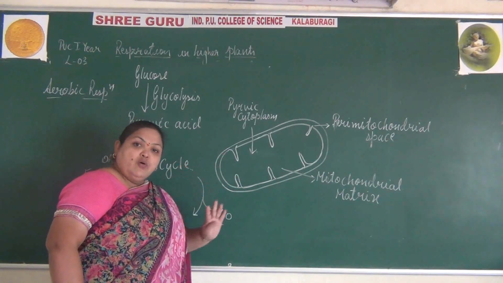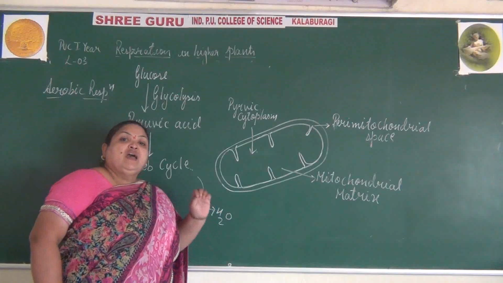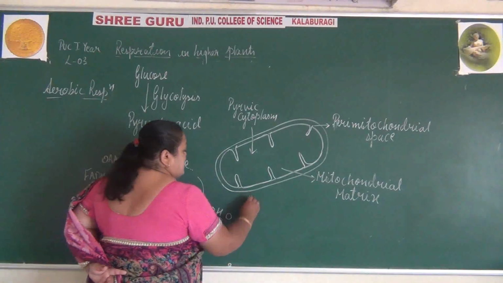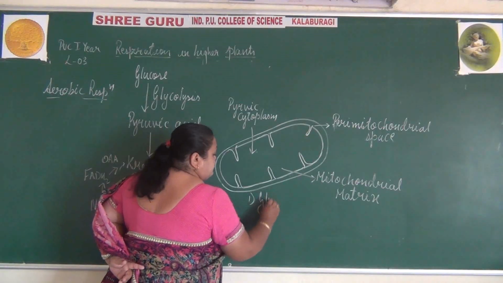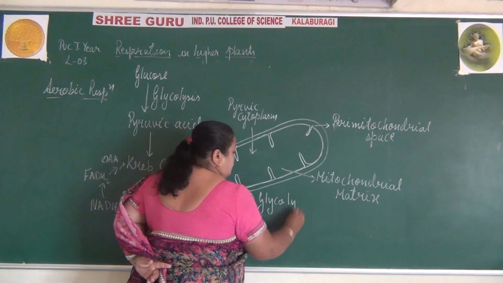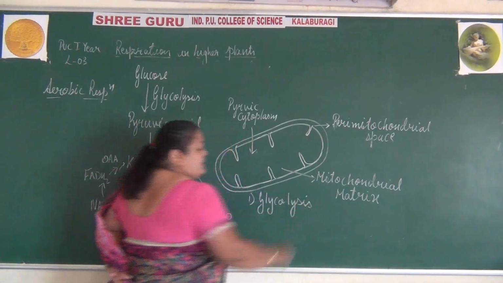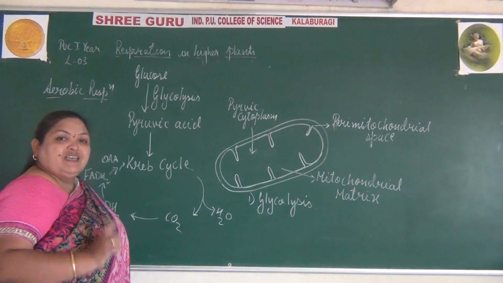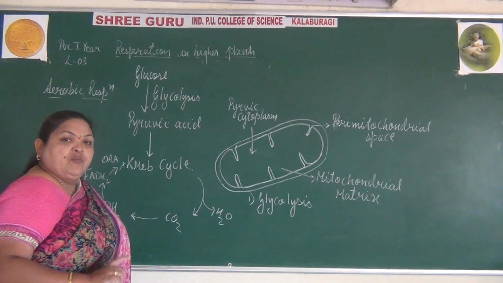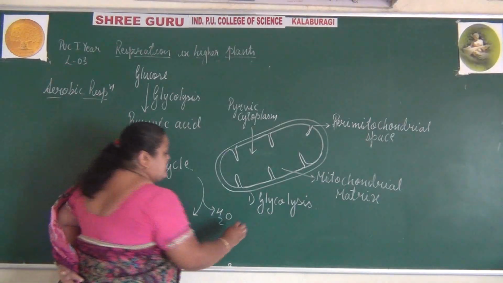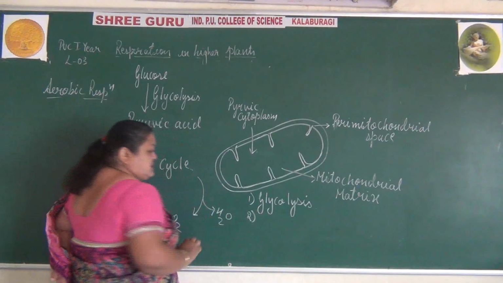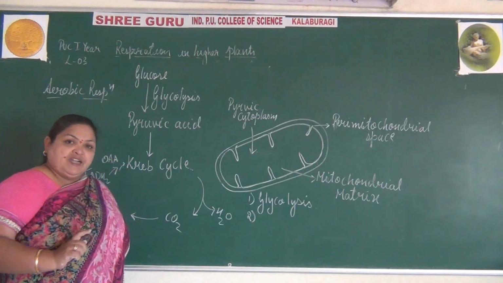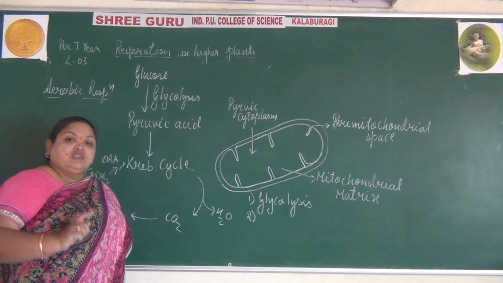So there are 4 main steps in the aerobic respiration, and those steps are: first is the process of glycolysis. As I said earlier, this process is common for both aerobic and anaerobic processes. Then the second process is where there is synthesis of ATP molecules with oxidation.